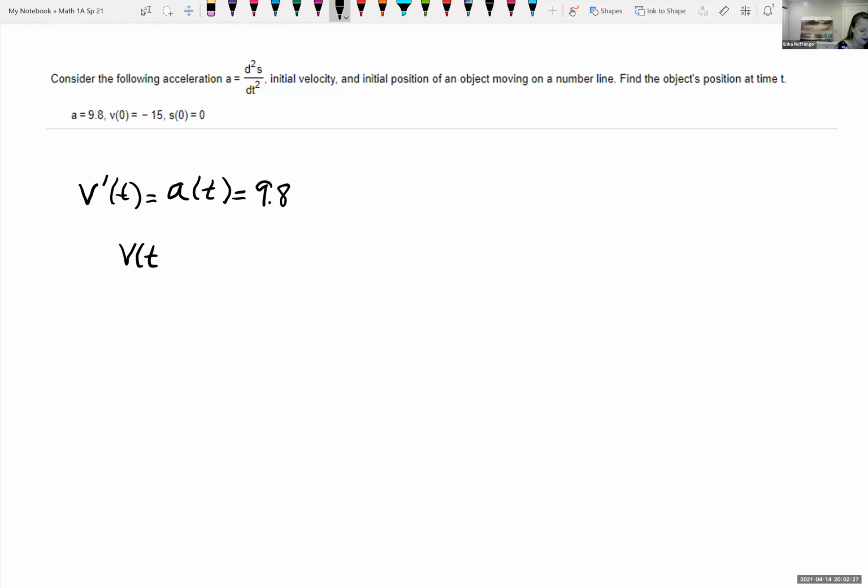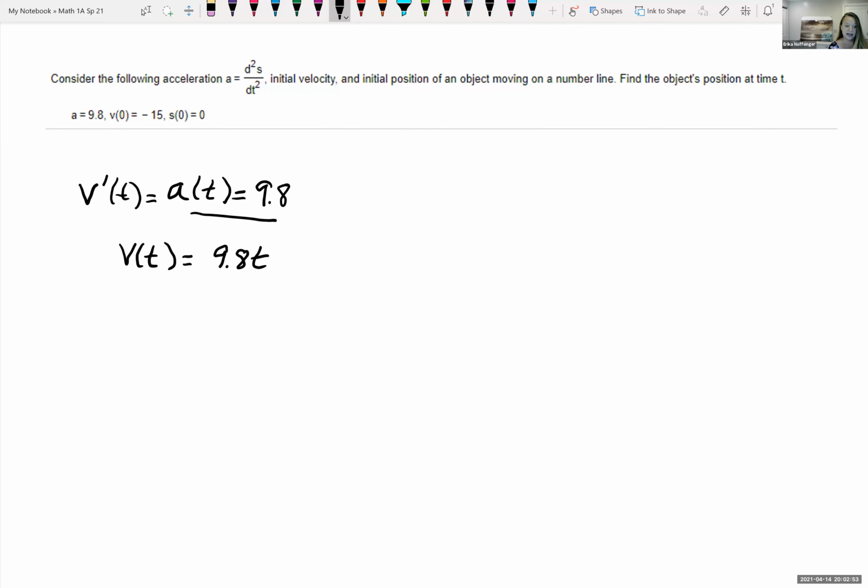So first we want to find velocity. So we're thinking backwards. What would have given us, if we took the derivative, 9.8? Well, our function is in terms of t, and so 9.8 t. If I take that derivative, I would get back my acceleration. So we figured out what our velocity function is.